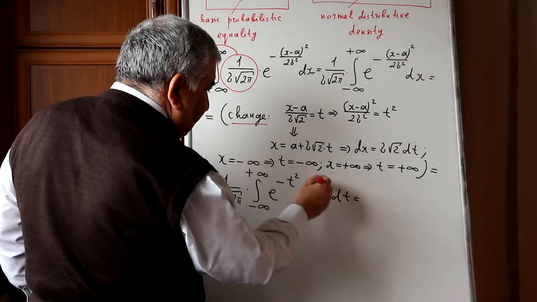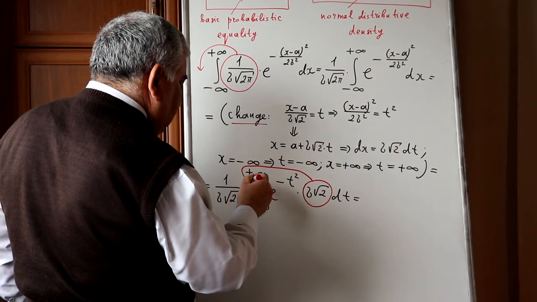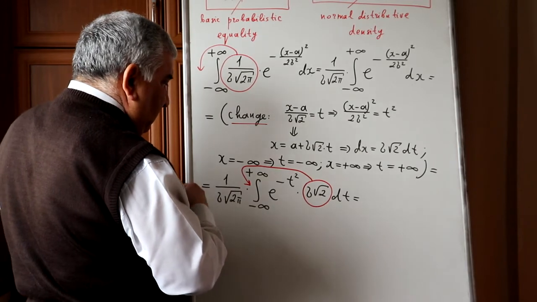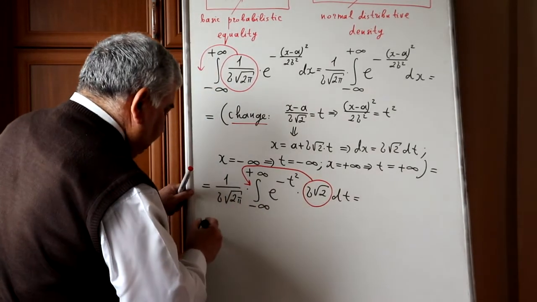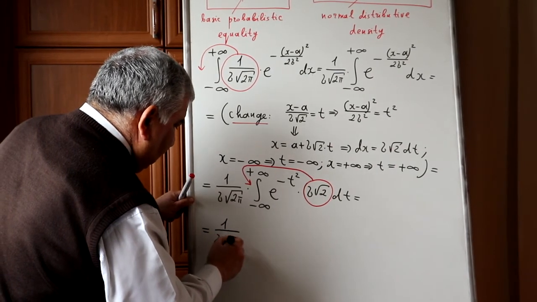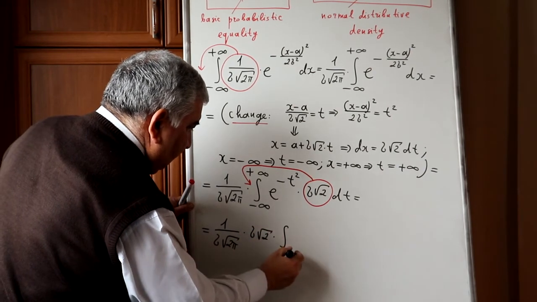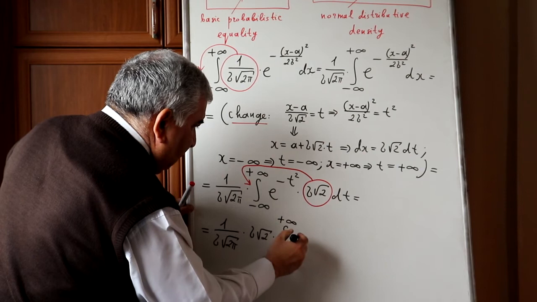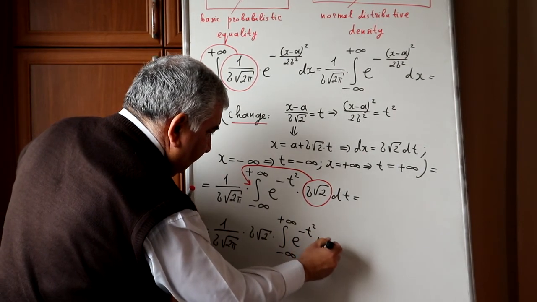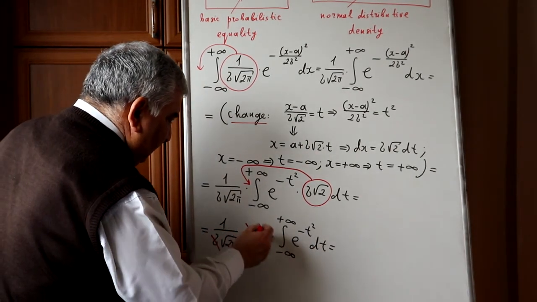Here sigma square root of 2 is the constant factor, and it is taken out of the integral sign. Then we have 1 over sigma square root of 2 pi multiplied by sigma square root of 2 multiplied by the integral from minus infinity to plus infinity of e raised to minus t squared dt. Here we can simplify by sigma and square root of 2.